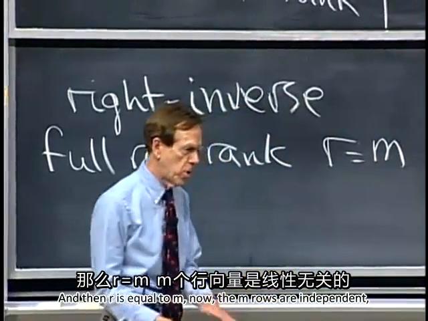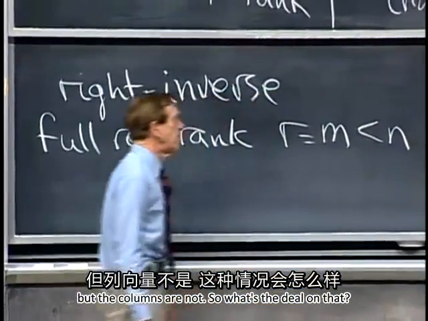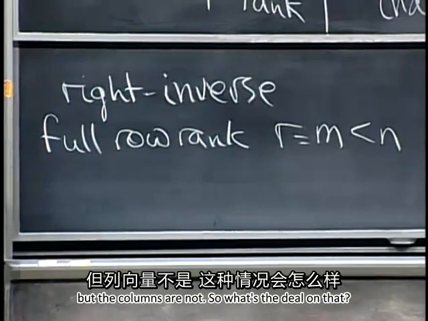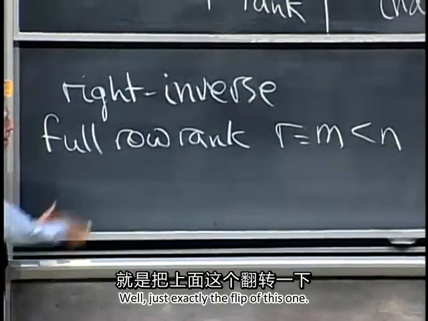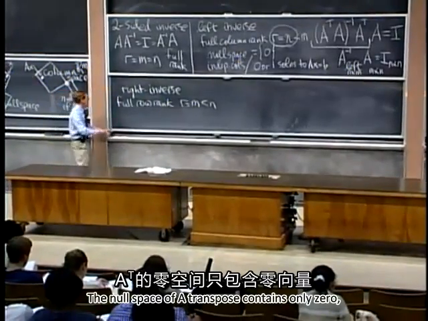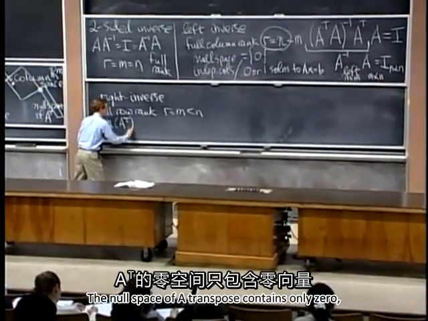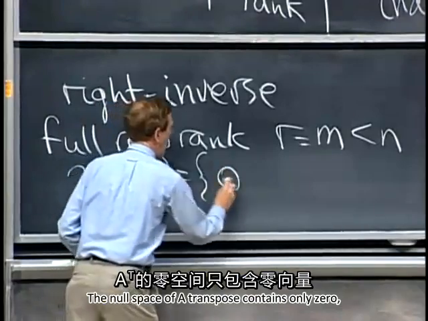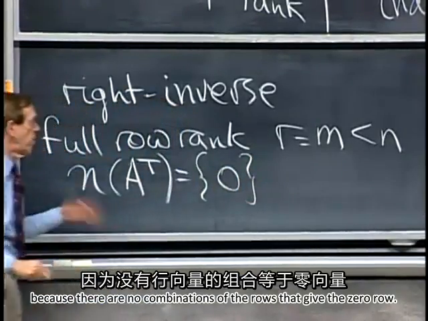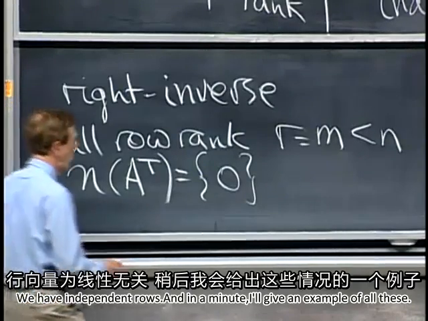The m rows are independent, but the columns are not. So what's the deal on that? Well, just exactly the flip of this one. The null space of A transpose contains only 0, because there are no combinations of the rows that give the 0 row. We have independent rows.